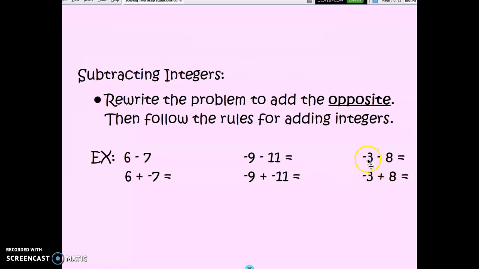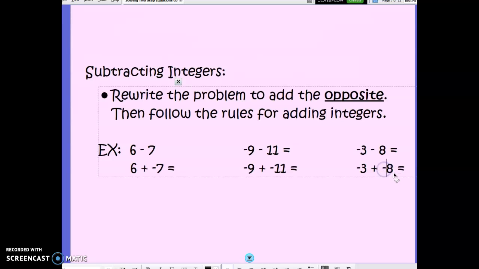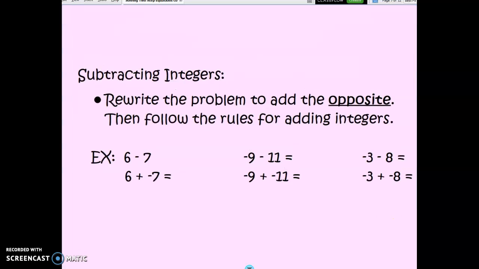Okay, our next example, negative 3 minus 8, becomes negative 3 plus negative 8. I forgot the negative sign there. Let me fix that real quick. Okay, negative 3 plus negative 8, and then we would have negative 11.